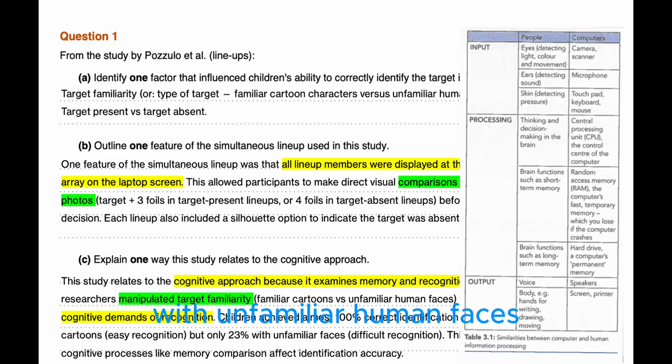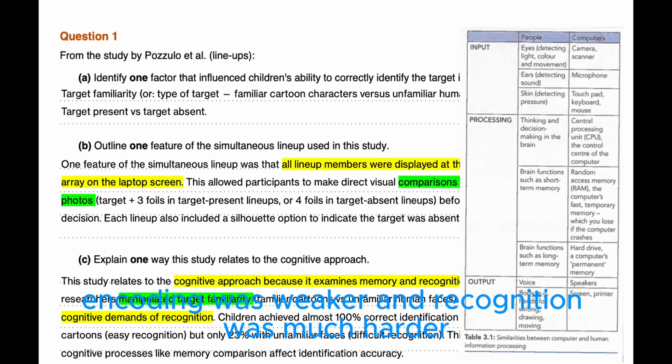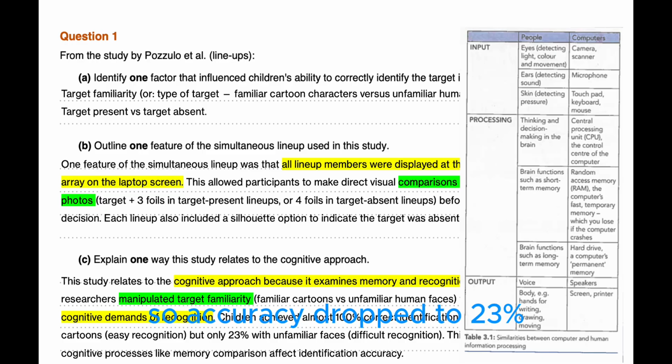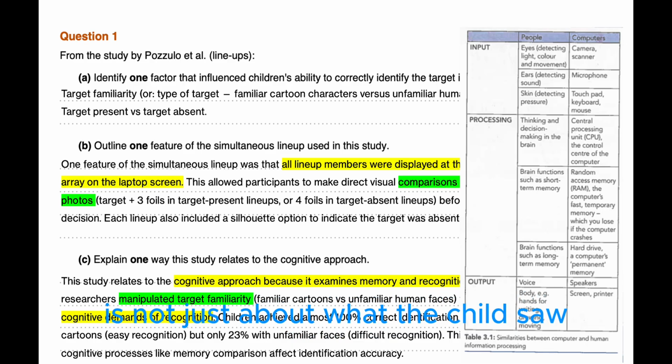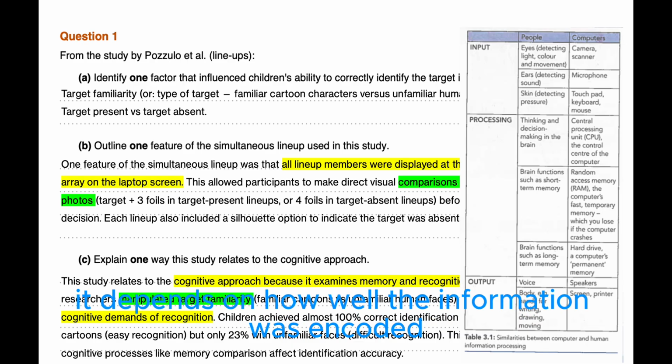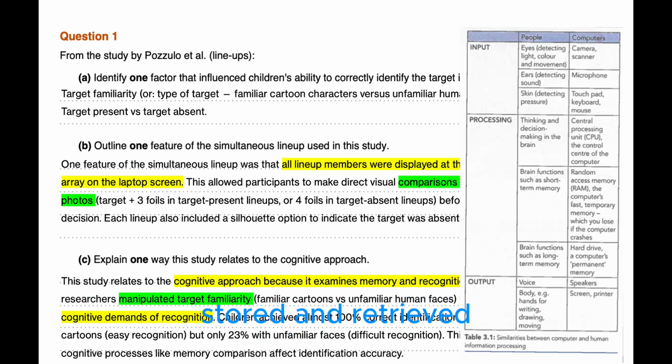With unfamiliar human faces, encoding was weaker and recognition was much harder, so accuracy dropped to 23%. The study shows that identification accuracy is not just about what the child saw. It depends on how well the information was encoded, stored, and retrieved.